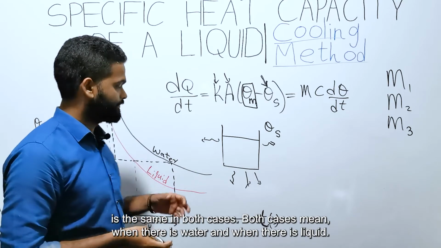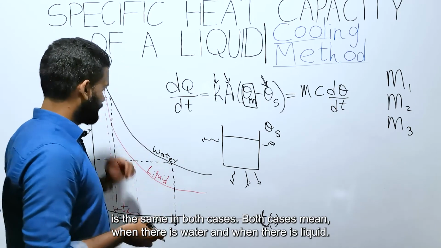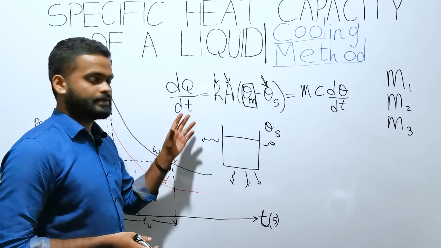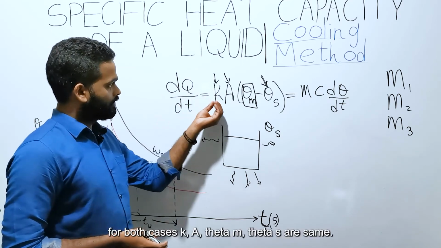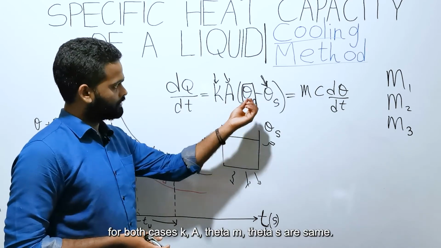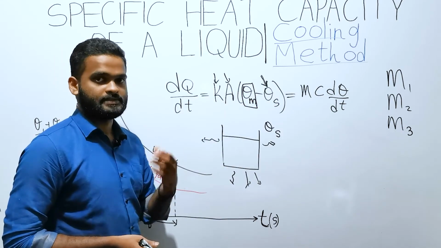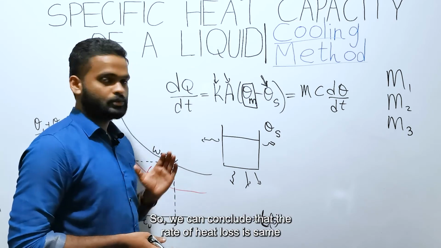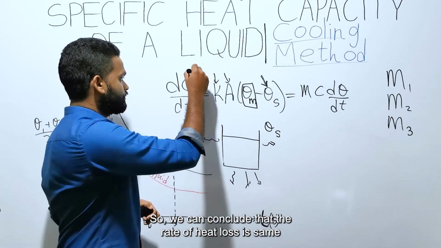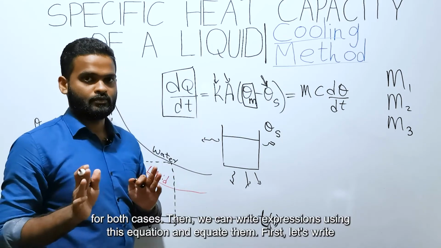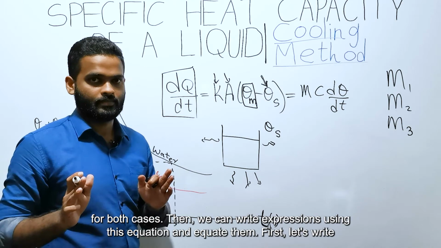Both cases means when there is water and when there is liquid. So as you can see, for both cases, KA, theta m, theta s are the same. So we can conclude that the rate of heat loss is same for both cases.